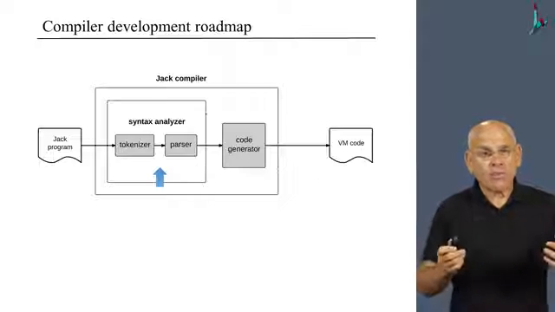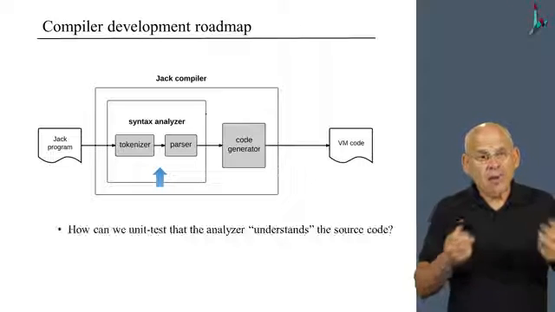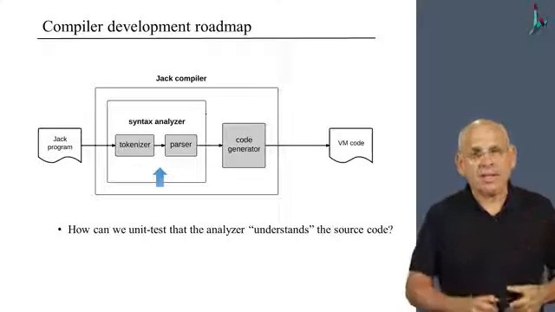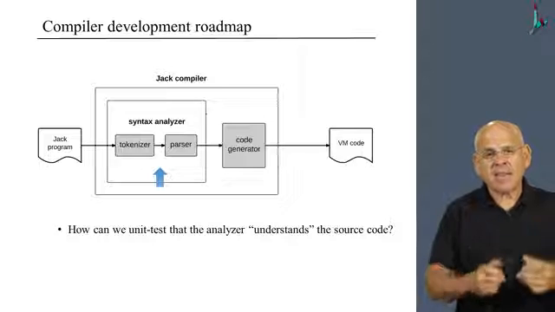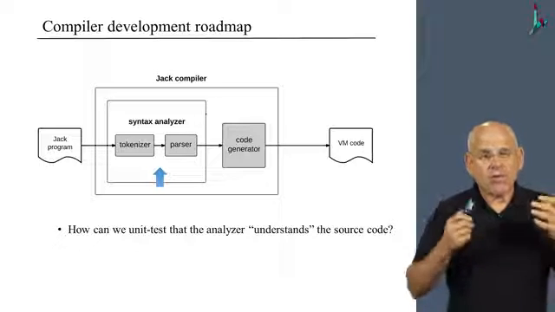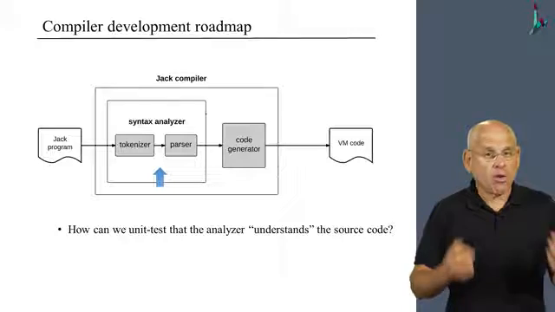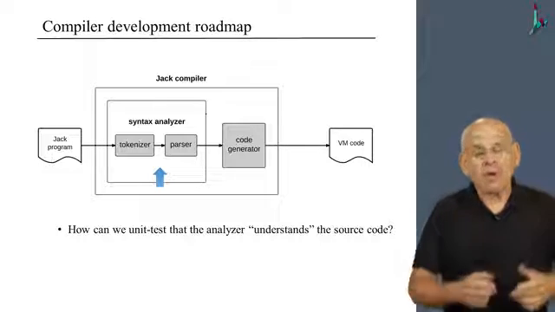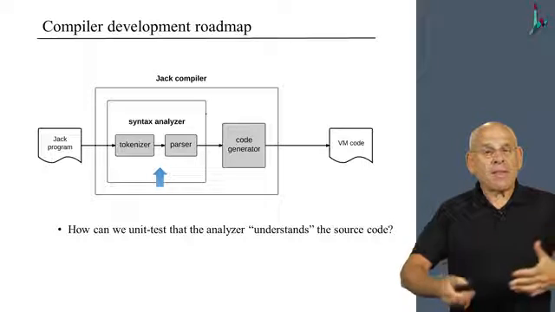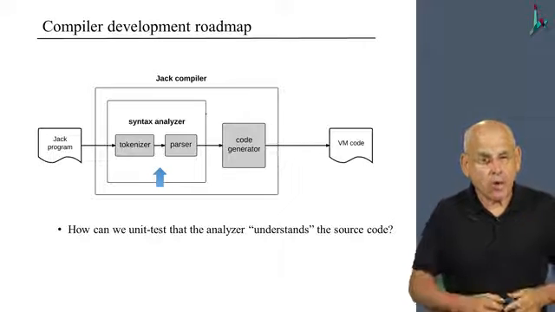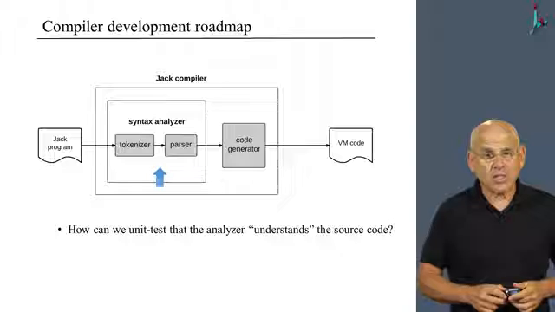So there's an interesting question here, which is, how can we unit test the syntax analyzer in isolation? How can we convince ourselves that the syntax analyzer understands the source code before we actually develop the capability to generate code from the source?